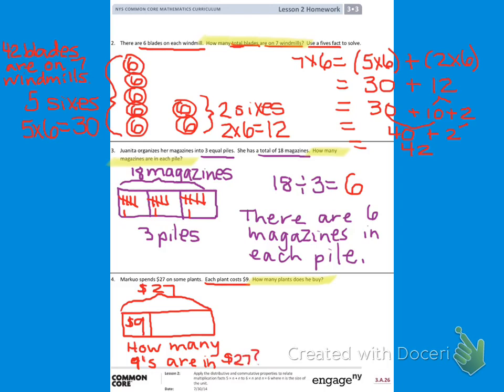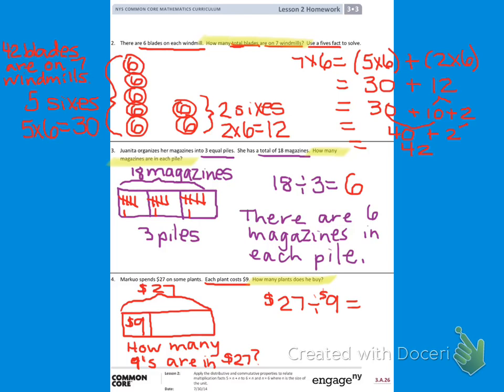So the math problem that I'll write is 27 divided by 9, because each section of the tape diagram will be worth $9. And I'll go ahead and write my $ sign in here too.